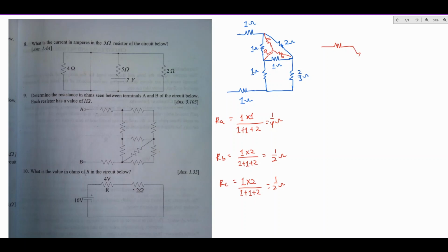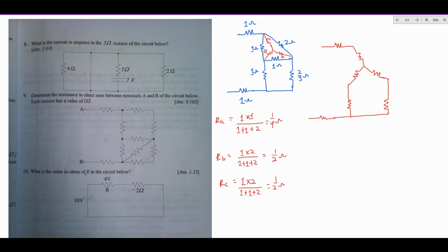So let me draw the star connection. We have one resistor here also, and another 1 ohm here.